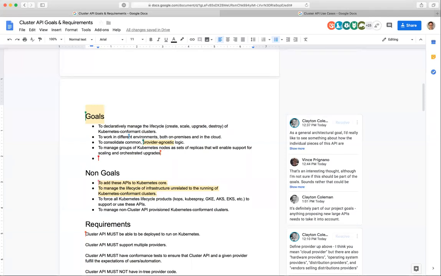So I feel like there's kind of a non-goal here about forcing Lifecycle products to support or use these APIs. I think there was some discussion in the KEP from months ago about maybe these Lifecycle tools wanting to start adopting portions of Cluster API piecemeal as they have time and as it makes sense.